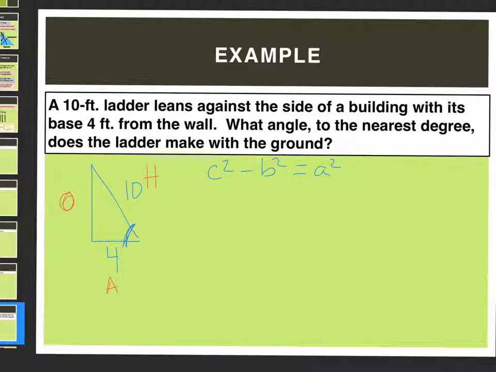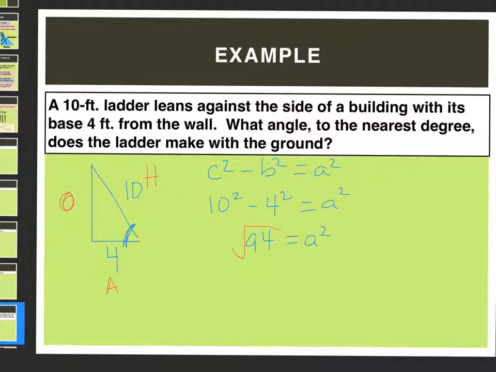So I'm doing 10 squared take away 4 squared, which is a squared. That's 100 take away 16, so it's going to be 94 is a squared. Then I take the square root of 94.